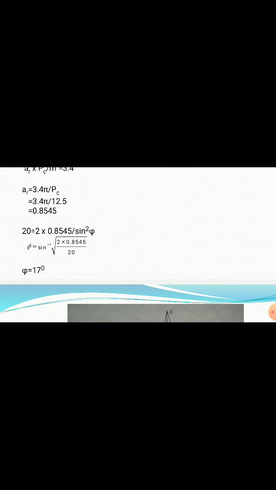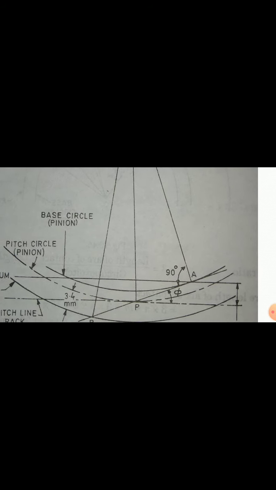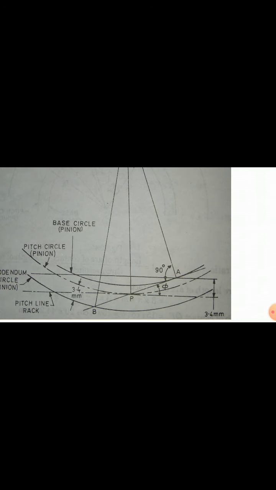So for this we should know the path of contact, and the circular pitch is already given. So the path of contact we can calculate. In this condition, the path of contact becomes A to B. This total length is A to B, or B to A. So length BA represents the path of contact.